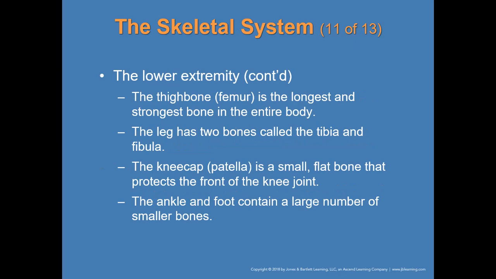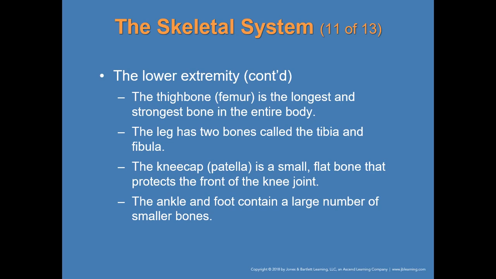It's going to take about 3,500, I can't remember if it's 3,500 or 35,000 pounds of pressure to break the femur. So anybody that experiences a femur break is probably going to experience a lot of severe trauma. Then the 2 bones attached to the bottom of that are your tibia and fibula.